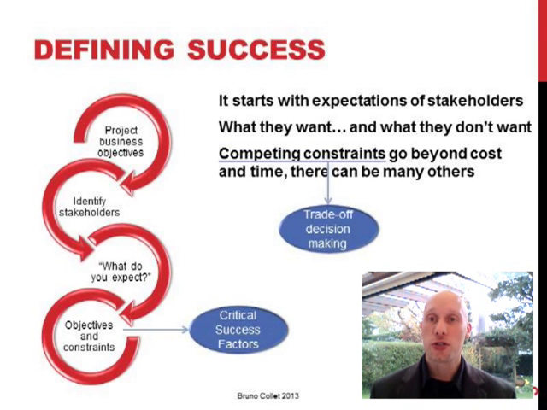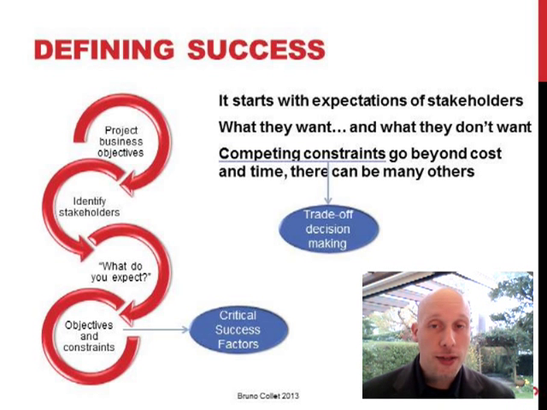Based on these kind of questions, and there are a number of techniques to elicit proper and constructive answers, the stakeholders will mention a number of objectives and sometimes constraints. Typical objectives would be, for example, profitability, return on investment, commercialization, or what types of features the solution would include.